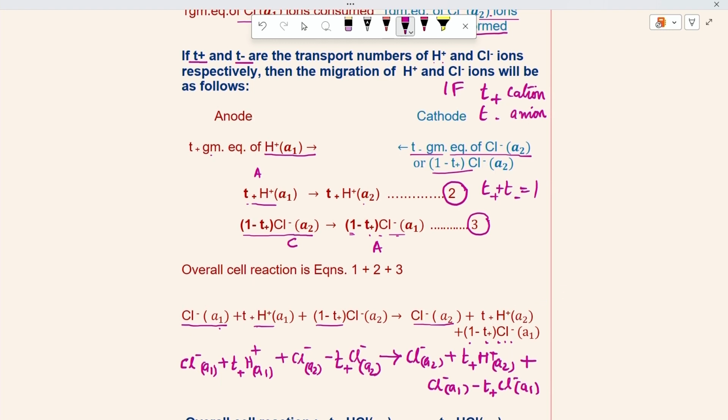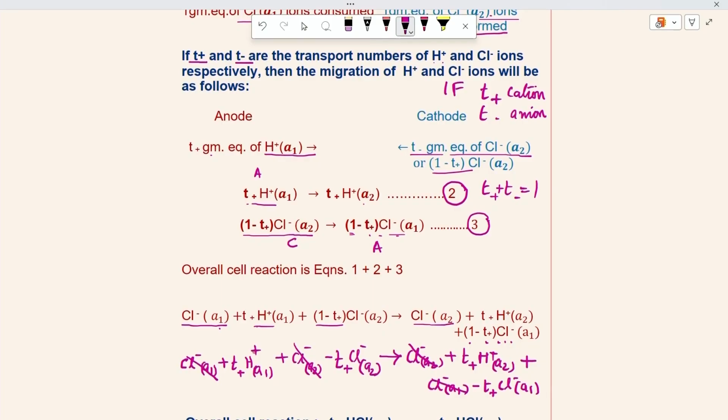Okay. Now, what I am going to do is cancel the common terms, Cl− of activity 1, see, Cl− of activity 1, Cl− of activity 1. So, I am going to cancel these two, and Cl− of activity 2. Okay.